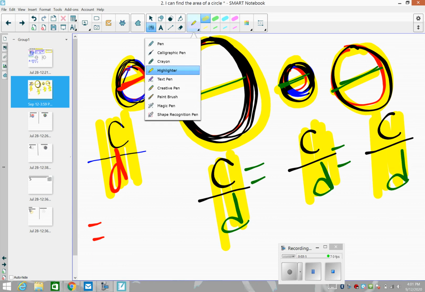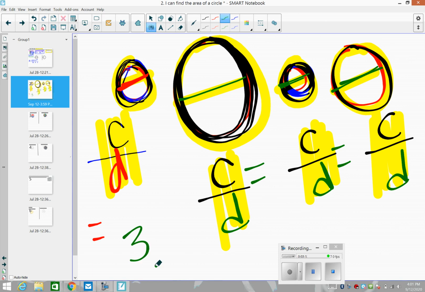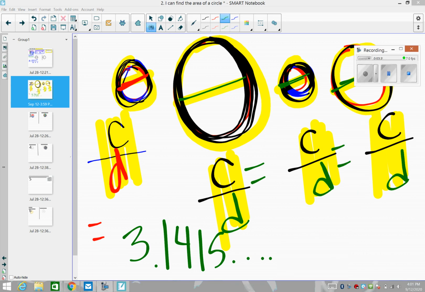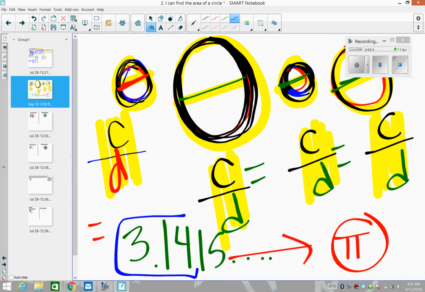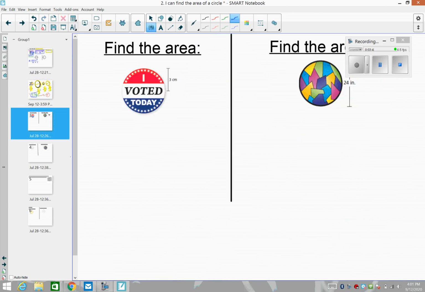Every single time they got 3.1415... something very, very close to that, which they then later defined to be pi. They called it pi. That's the symbol that they use for it, and it represents essentially 3.14 when we approximate it. So that is where it came from.